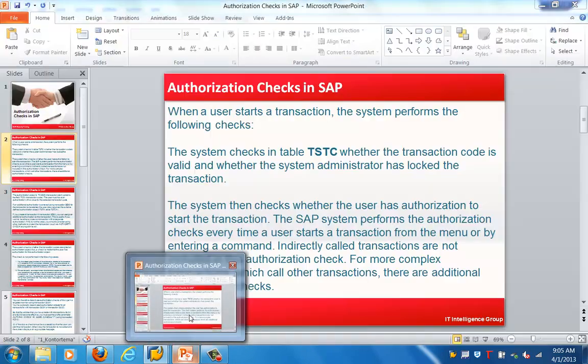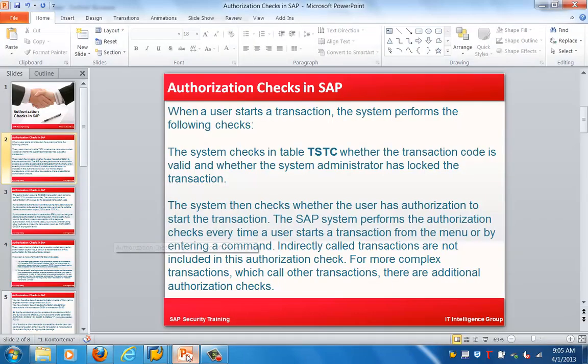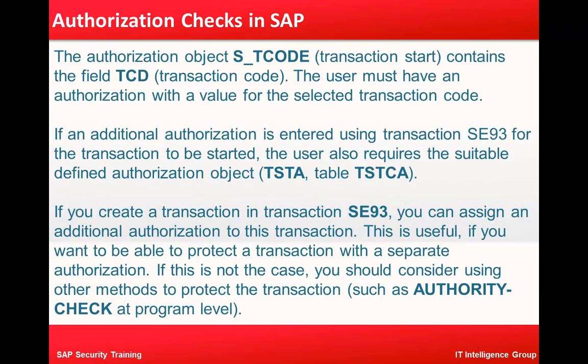Compiling takes some time, depending on whether that particular T code was compiled before or not. So the T code is getting compiled and we will be seeing the information about TSTC.